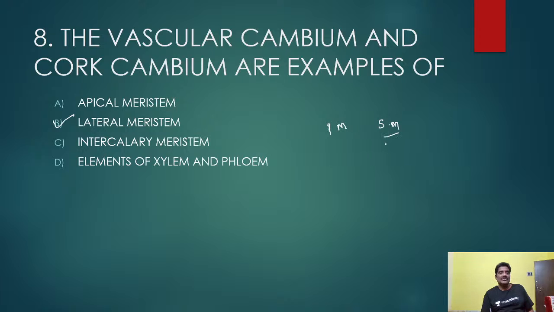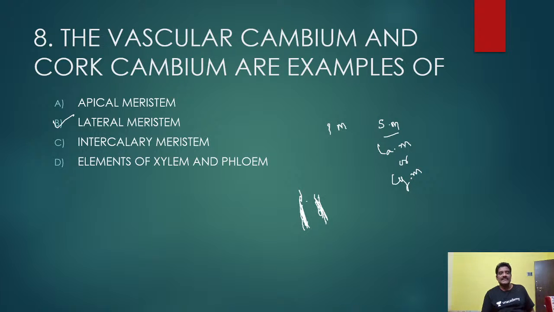Under secondary meristems only, these are lateral meristems, also known as cylindrical meristems. So lateral meristems are very important. For what purpose? Where are they present? These are present in the lateral sides, like this type of tissue.